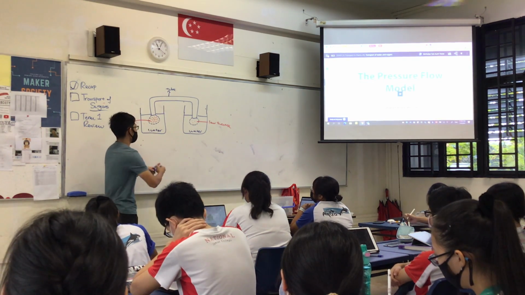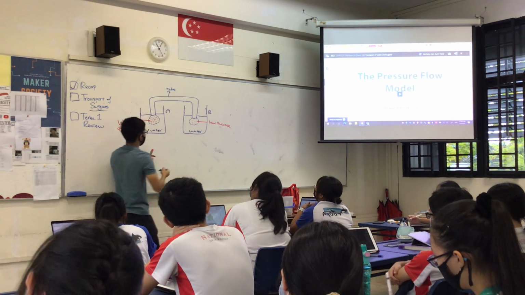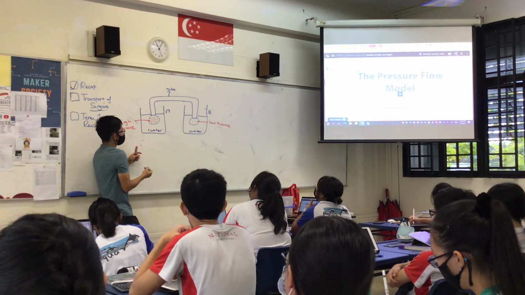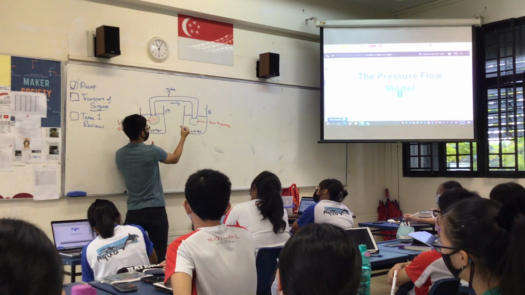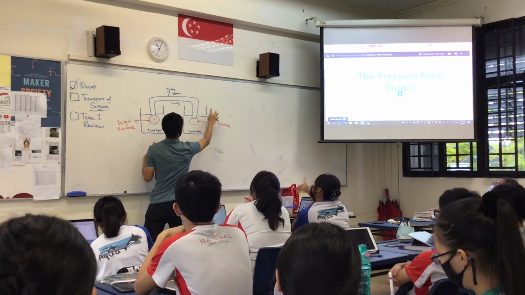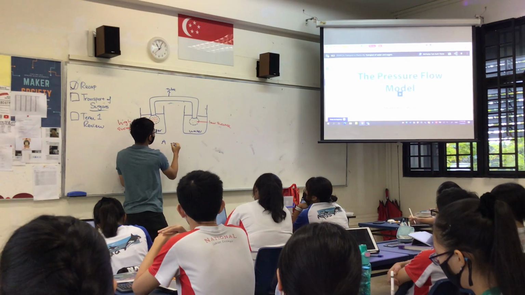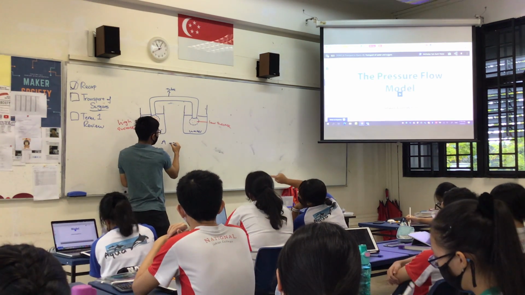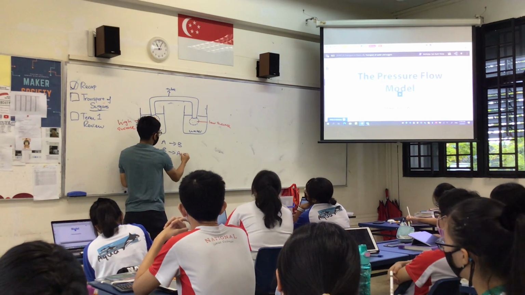So this is container A, container B. Do you think water will move in this direction or this direction? Maybe I rephrase the question. Do you think water will move from A to B or B to A?